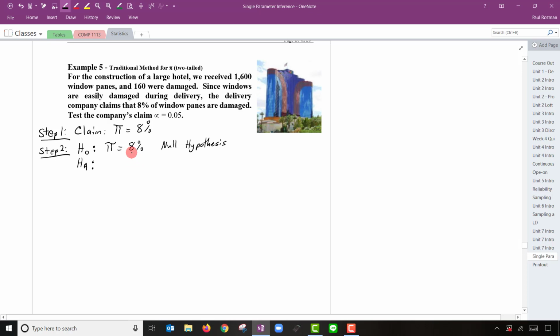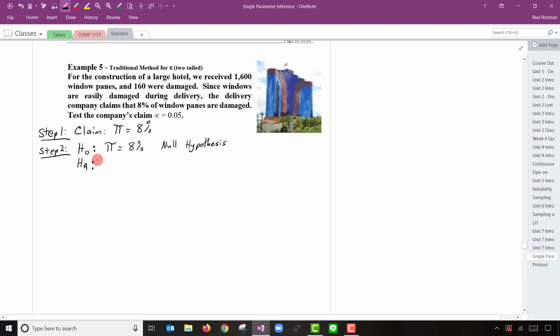If the claim includes an equal sign, and by an equal sign I mean any kind of equal sign, less than or equal to, greater than or equal to, or a hard equal to, then the claim is the null hypothesis. But if the claim doesn't have an equal sign in it, then the claim becomes the alternate hypothesis. So setting this up at the beginning is really important. The claim isn't always the null hypothesis.